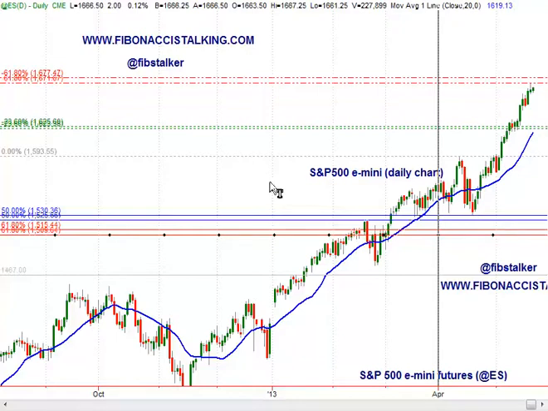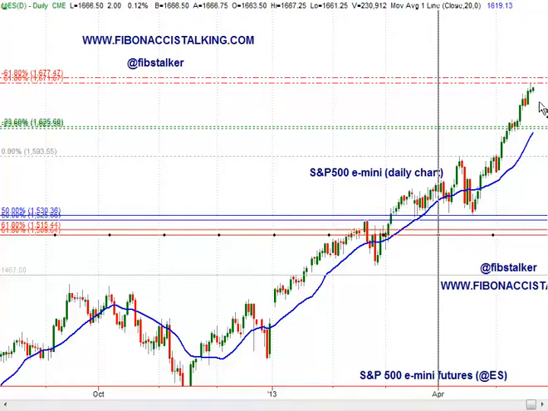Nevertheless, as we can see, we now have two targets here. The first one in the 1625 area was hit, and the second one is between 1671 and 77.